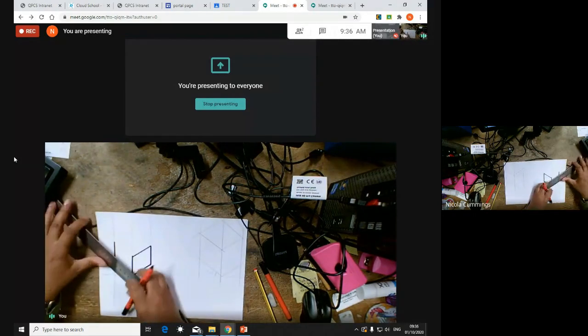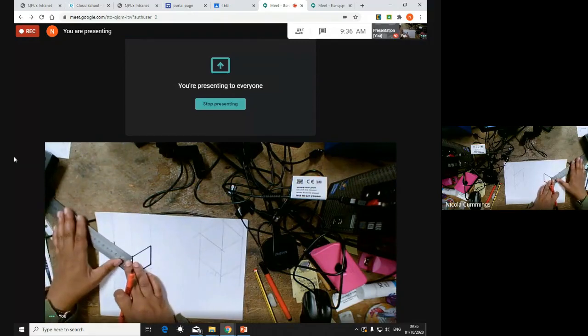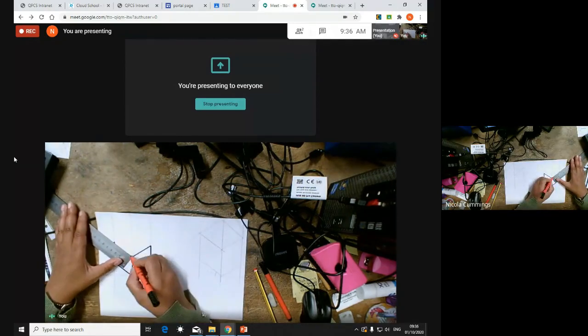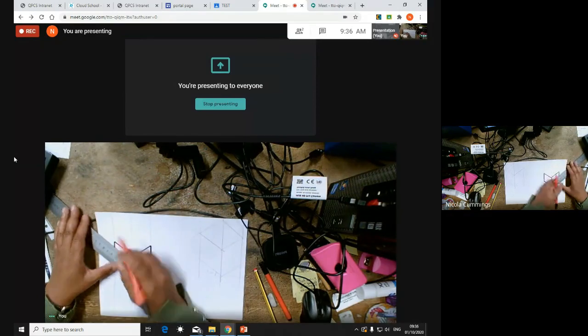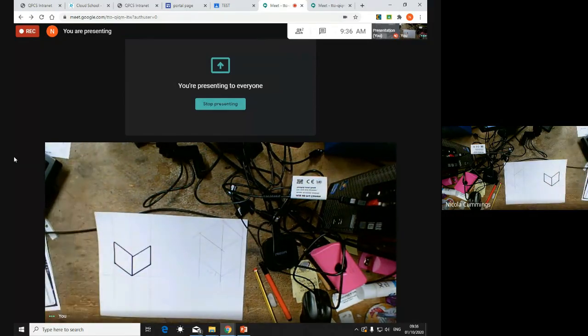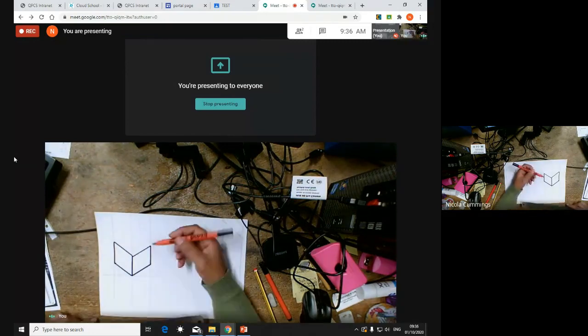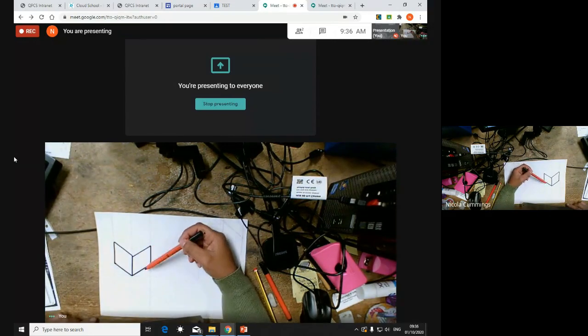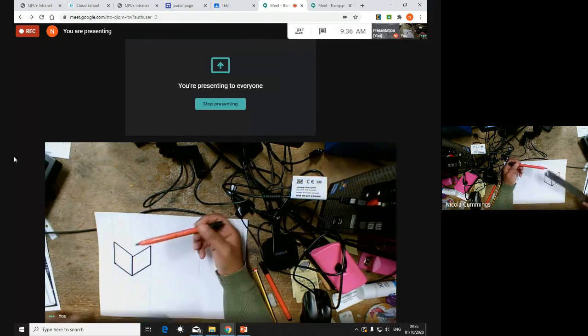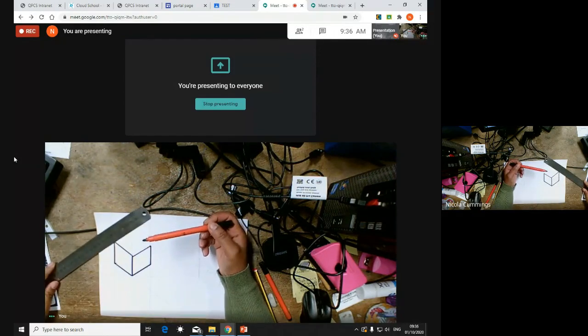And if I come this way, the line should be 4 centimeters. Now, we have to be accurate here because I want this line, and the line that I'm about to put in, needs to be at the same angle.